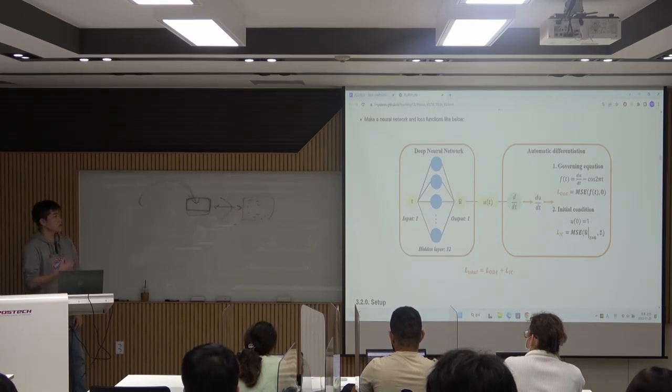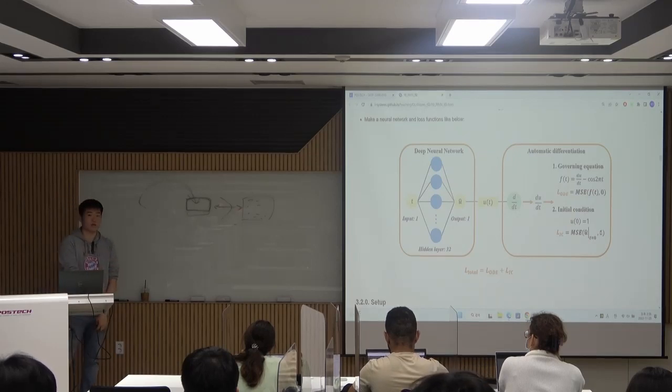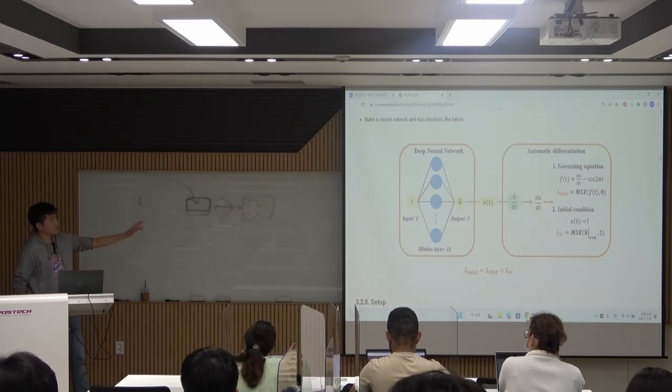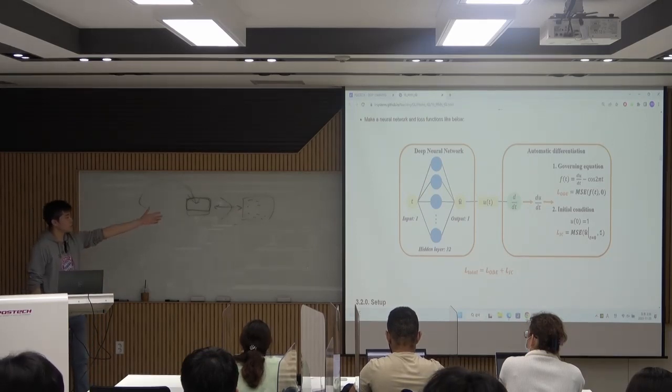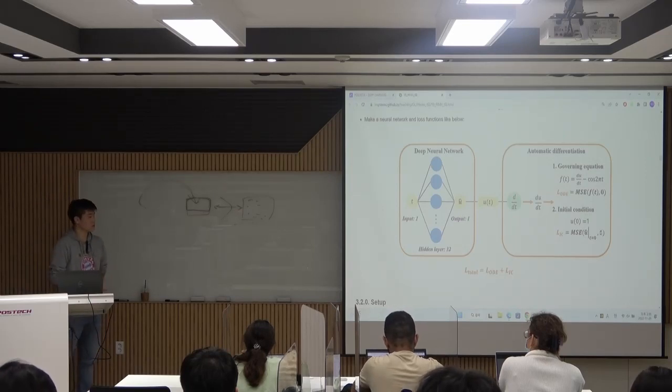So there is a newly defined library called DeepXDE, a specific library targeted for PINN. When you use DeepXDE, it's much simpler. Today I'm going to show you how to code this kind of problem with TensorFlow and also DeepXDE, so that you can compare these two approaches and use whichever you find comfortable.